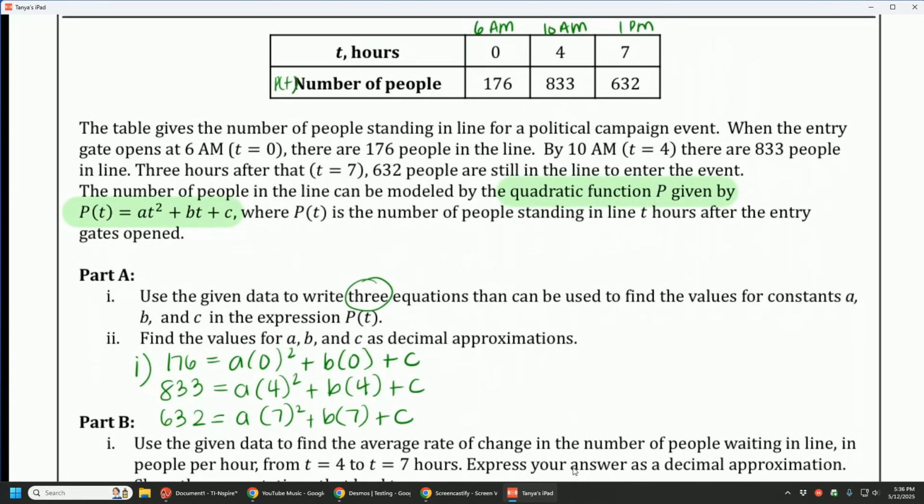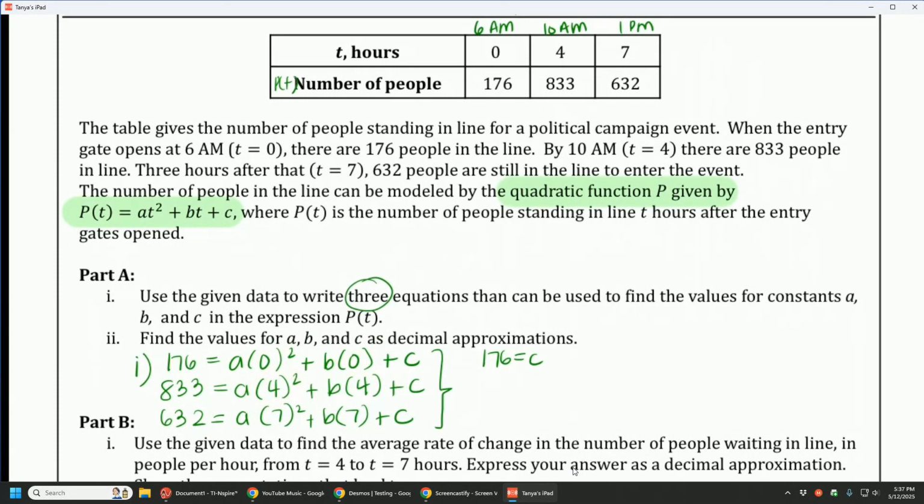If it makes you feel better, and honestly, I kind of want to do this, I would simplify. So this first equation, anything with a 0 is going to cancel out. So really all that's left is 176 equals c. The second equation, I know that 4 squared is 16.